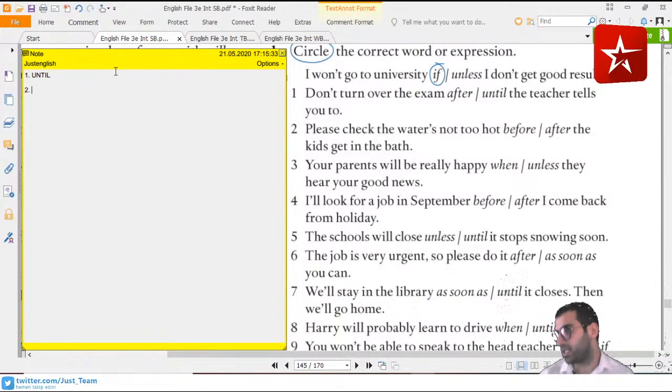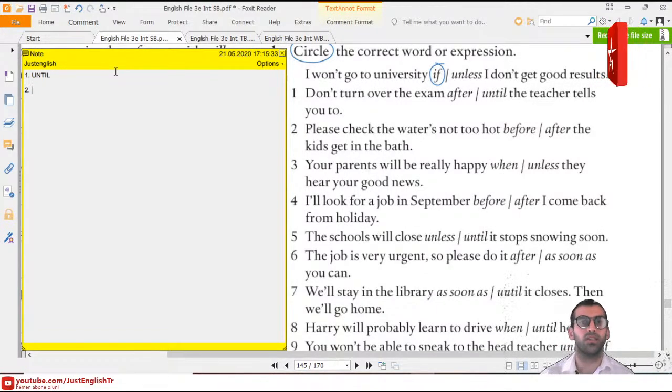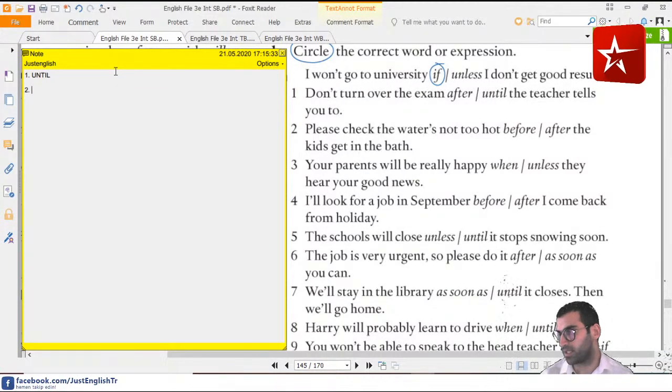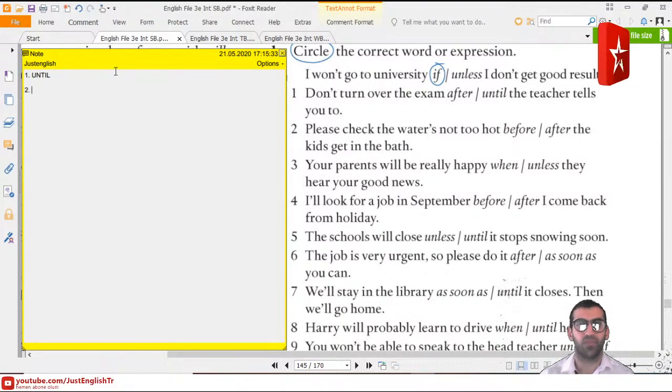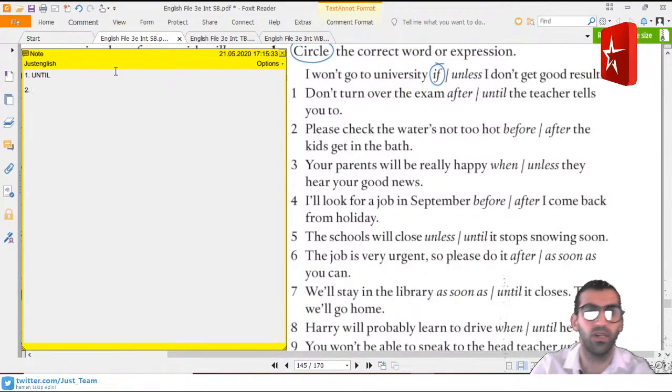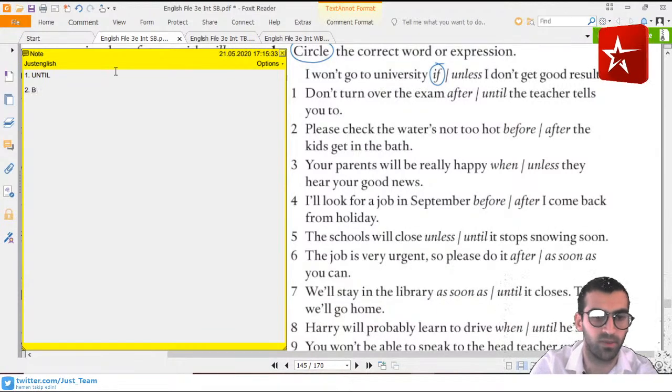Yeah, they say before. Before the kids get in the bath. Yes, before is a correct answer. Great. Please check the water is not too hot before the kids get into the bath. Before is a correct answer for number two.